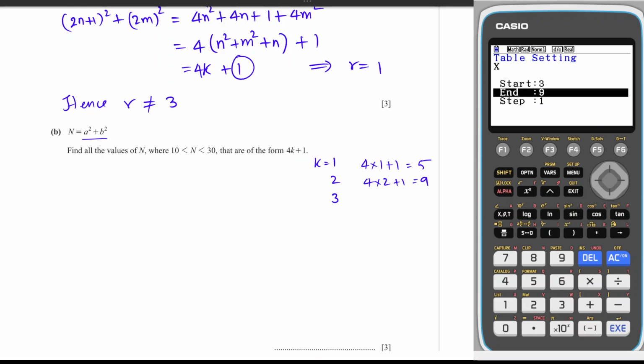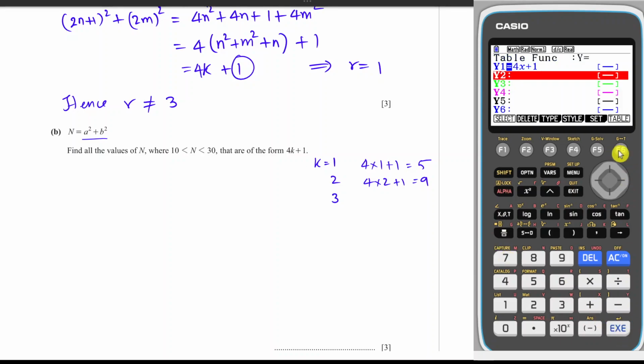So 4 sevens are 28, I think that should be okay. So I'll just end at 7 with steps of 1. Let's start the table. Okay, so you can see the different values of n.